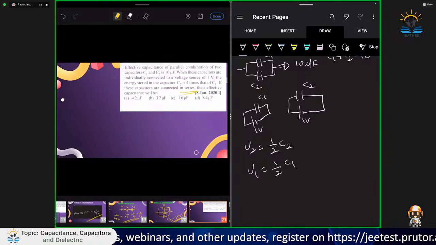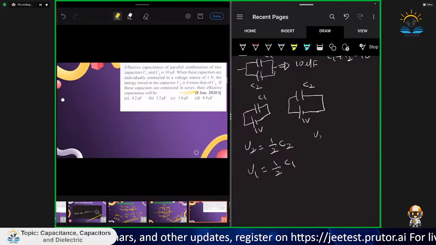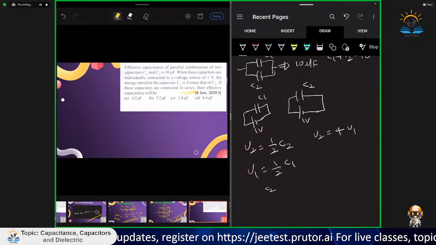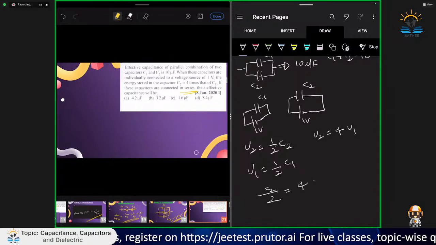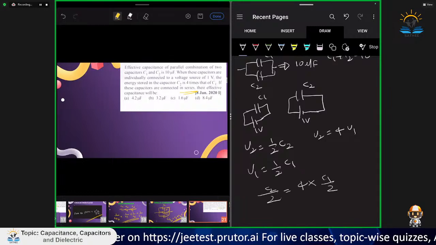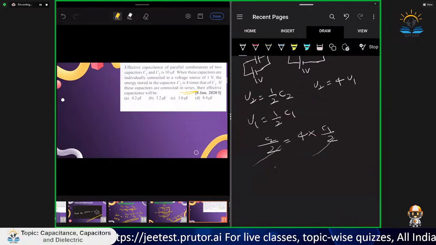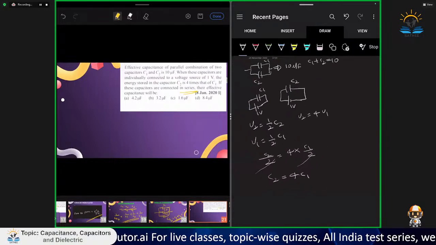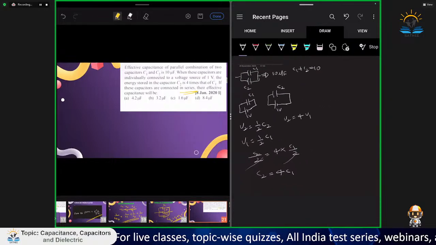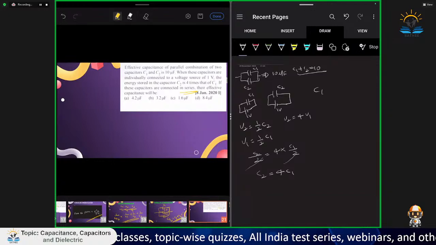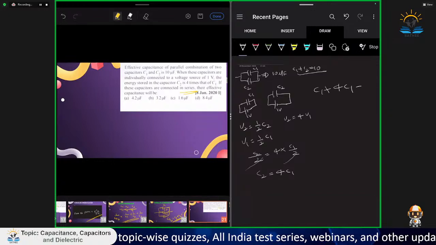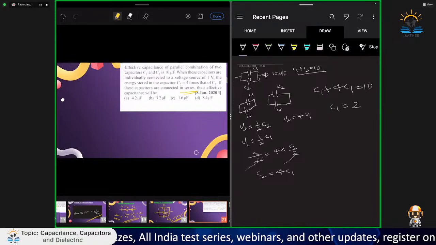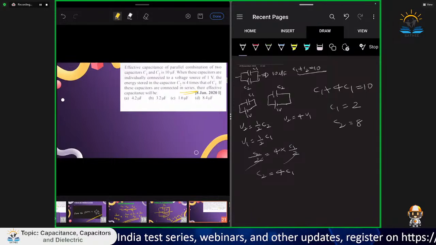It is given that U2 is 4 times U1, so C2 by 2 is equal to 4 into C1 upon 2. So C2 equals 4C1. So C1 plus C2 is 5C1, and 5C1 equal to 10. That is C1 equal to 2, so C2 will be 8.